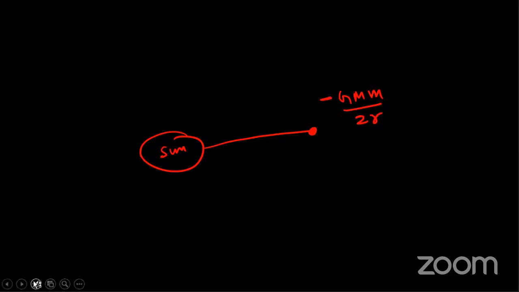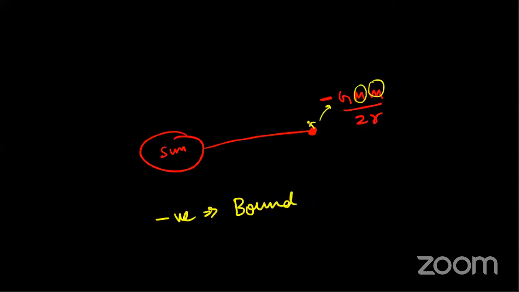Even if you take a satellite revolving around the earth and find the expression, you will get the same answer. It will be negative, but here we have to consider different masses and different radii. But whenever you see a negative term in energy, it indicates that it is bound to the system. That means it cannot go away from this planet Earth.